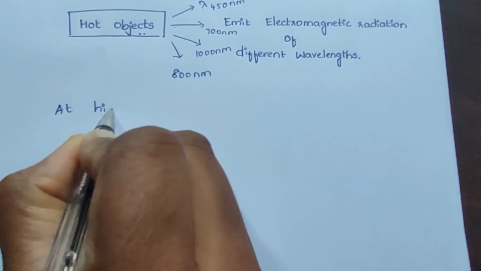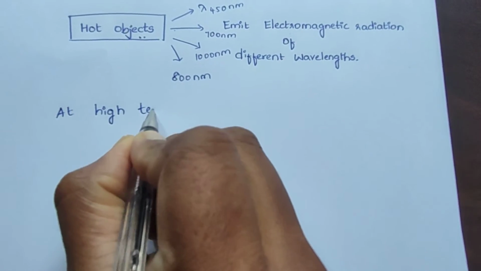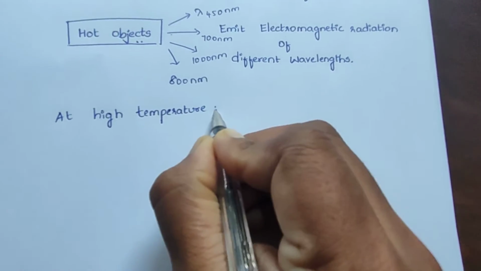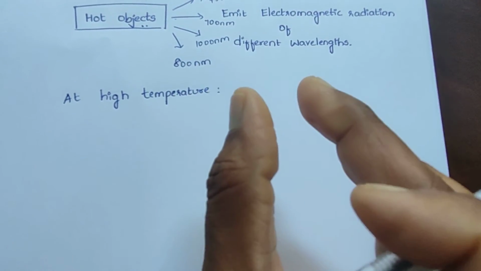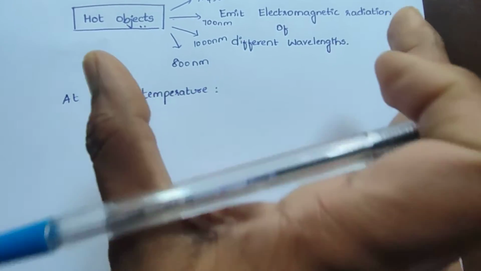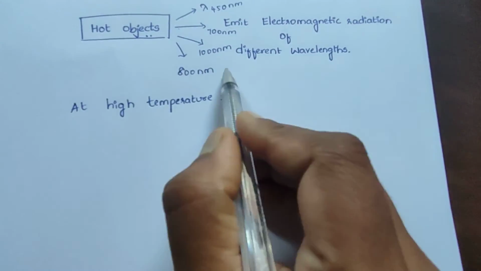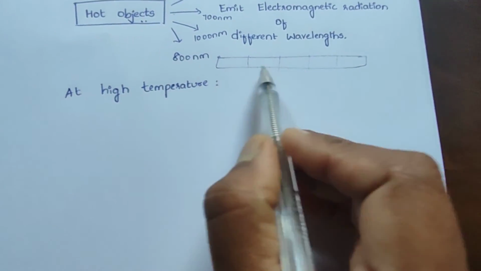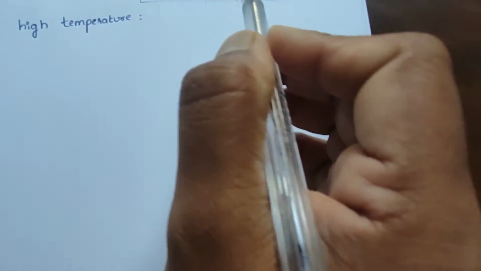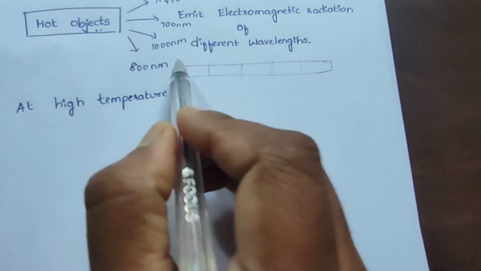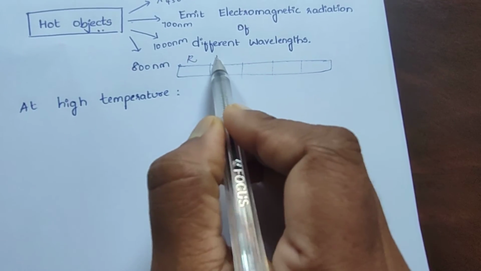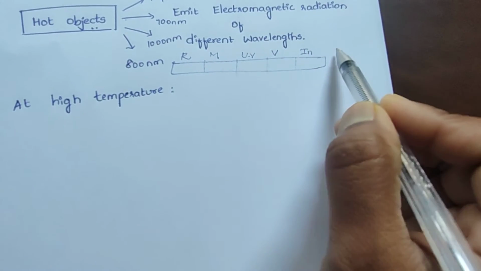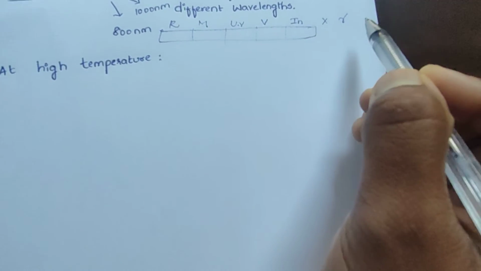At high temperature, an appreciable portion of radiation will be in the visible region of the spectrum. The electromagnetic spectrum is divided into regions based on wavelength: radio waves, microwaves, infrared rays, visible rays, ultraviolet rays, x-rays, and then gamma rays.